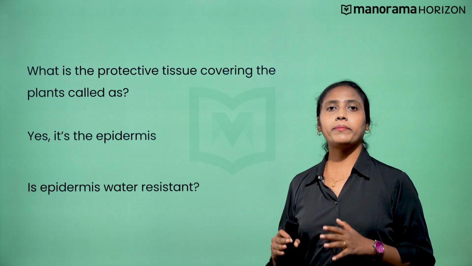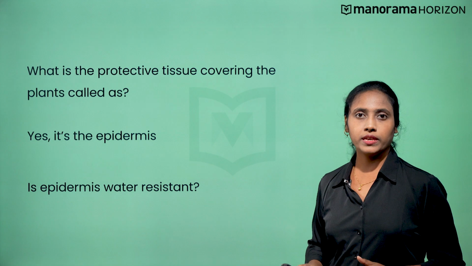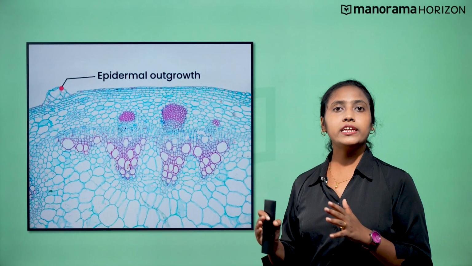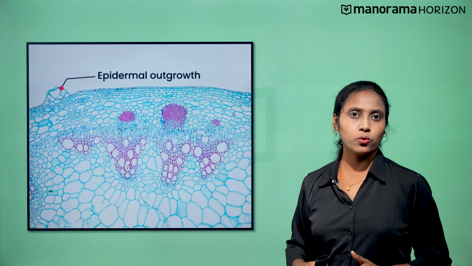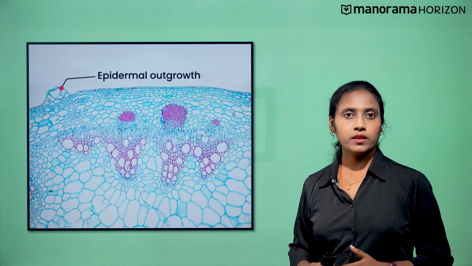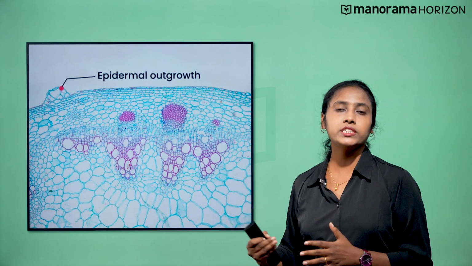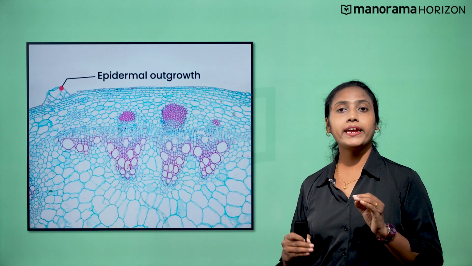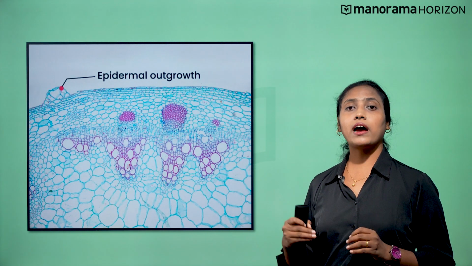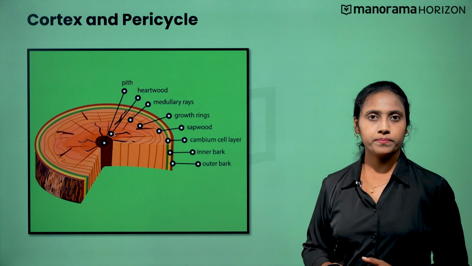Epidermis is covered by cuticle which is water resistant. Epidermis bears trichomes which can be in the form of outgrowths such as hairs, scales, etc. They function as traps for insects, and some studies have shown that they play a key role in the plant's development.